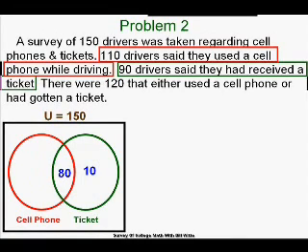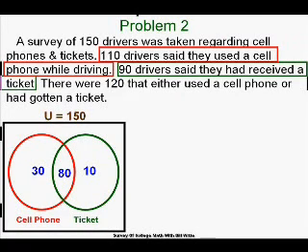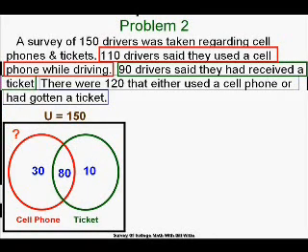That's 110. So once again, that 80 is going to come into play. Subtract 80 from the 110, and I know what goes there. And son of a gun, I'm checking, I can see 120 used either a cell phone or had gotten a ticket. And son of a gun, 30 plus 80 plus 10 does equal 120.